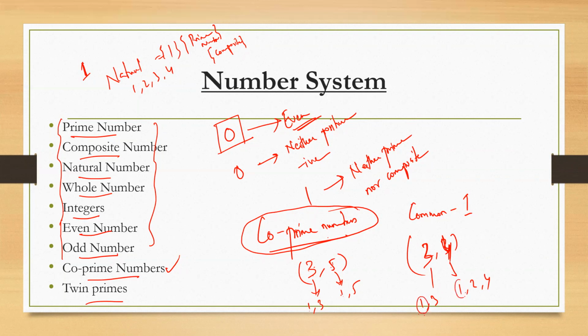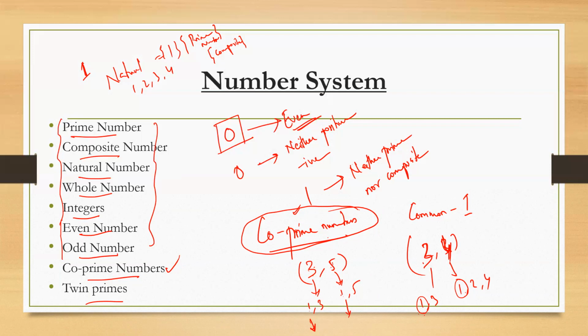So here 3 and 4 are also co-prime numbers. Let me repeat the definition of co-prime numbers. Any two numbers, it can be even number, odd number, prime number. If the common factor between the two numbers is only one, those numbers are co-prime to each other.